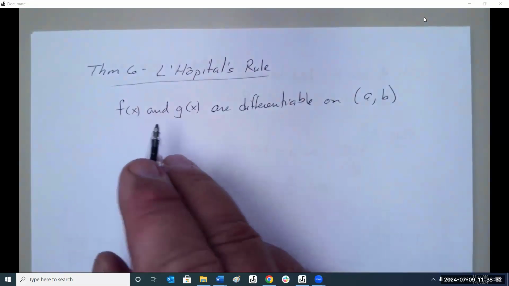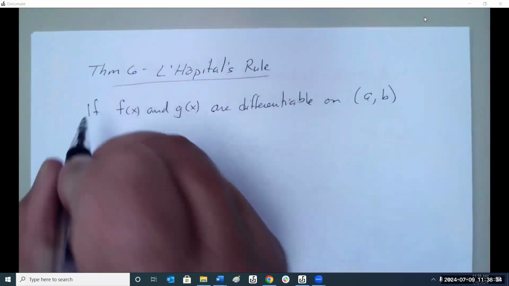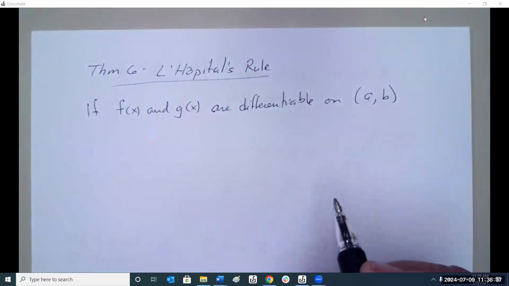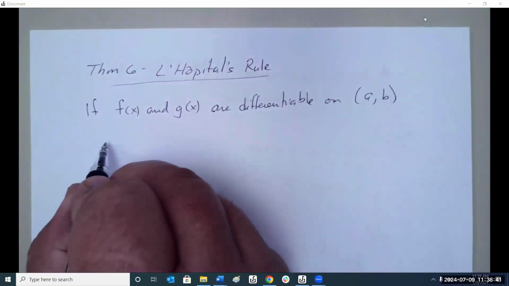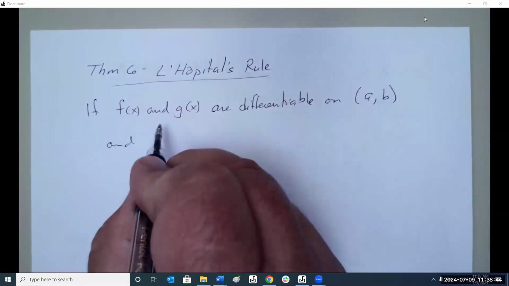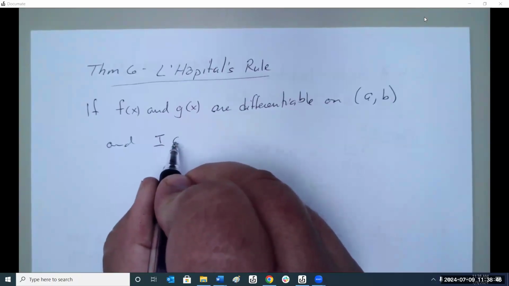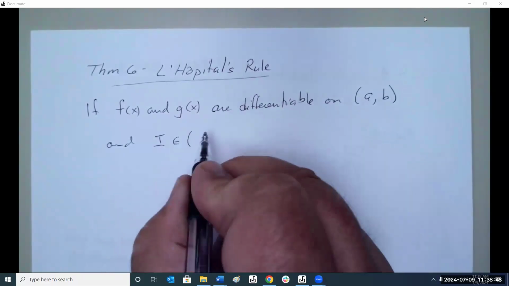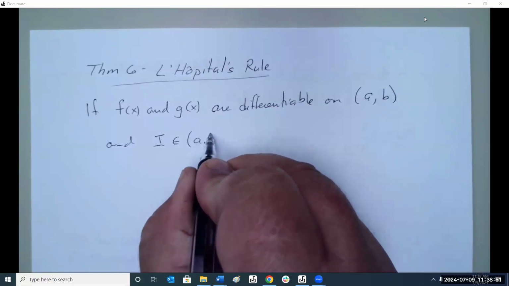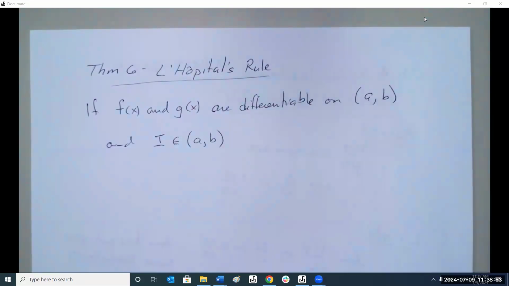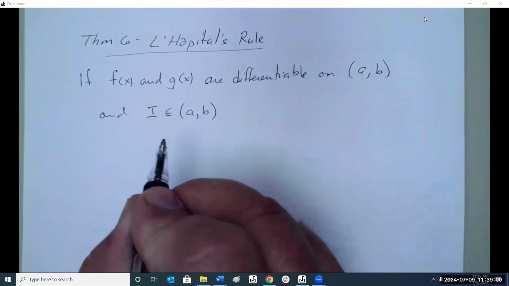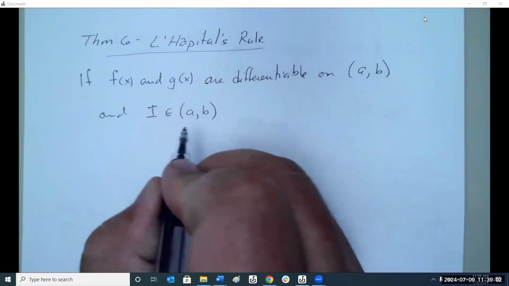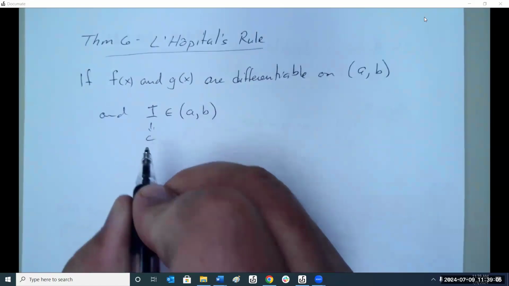First off, if f of x and g of x are differentiable on the open interval, and our interval is inside, we're looking at interval I. So this a we're going to use c instead.